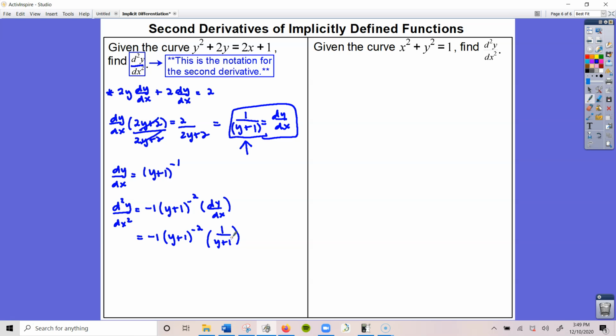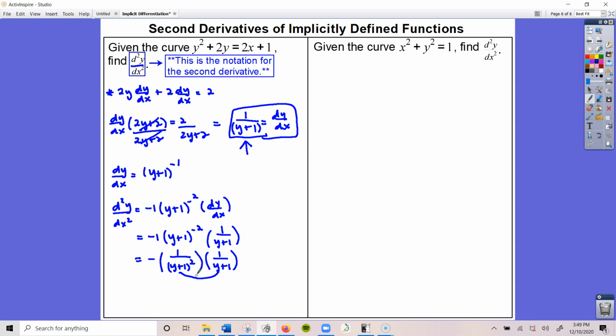Now the algebra here could be done many different ways. You can rewrite this and multiply and that whole bit, that would actually work. Or you can bring this up and then multiply and add the exponents because it is the same factor. There's lots of ways that you can work this out. So what I'm going to do here is that y plus 1 raised to the negative 2 is the same thing as 1 over y plus 1 squared, and then times 1 over y plus 1.